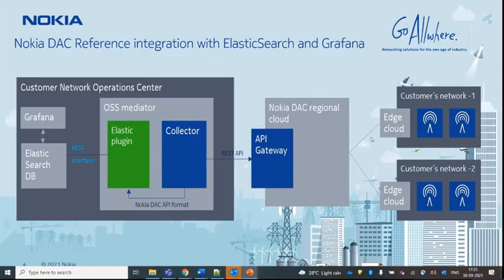Say if the edge connectivity is lost, there will be an alarm raised by the service which is running on the NDAC cloud, and those alarms would be visualized here. And we have other applications that are deployed on edge cloud, and if there are any alarms generated by these applications, even those application alarms would be visible in this dashboard.